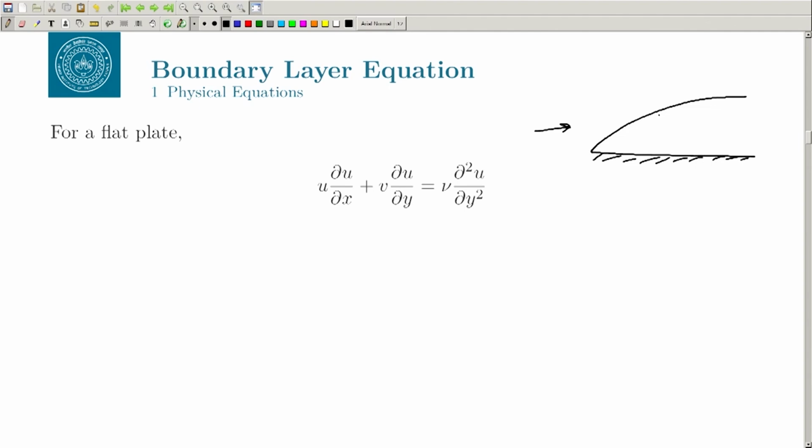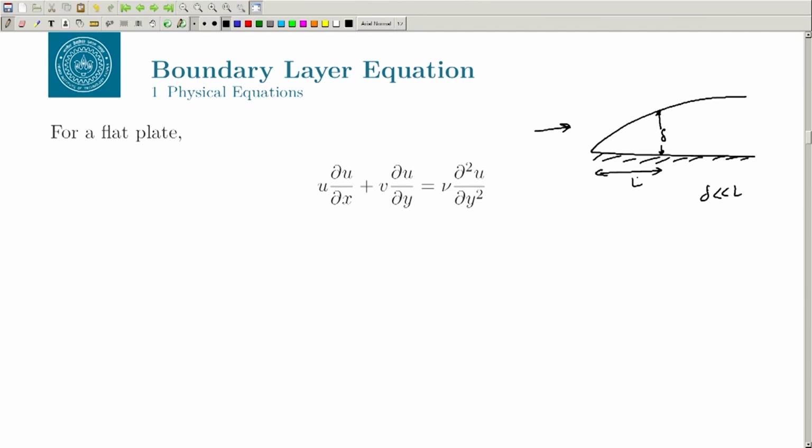The theory describes the development of the boundary layer provided that delta is much smaller than L. If this distance is L and this distance is delta, the theory tells you how delta will evolve in space. You can see that as L changes, delta will change.